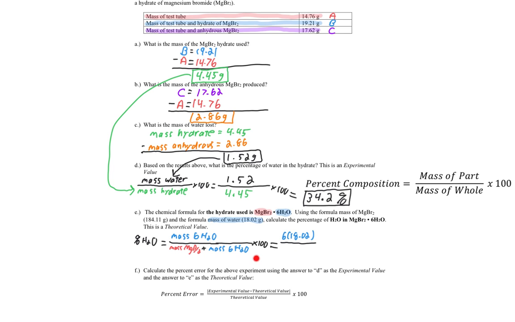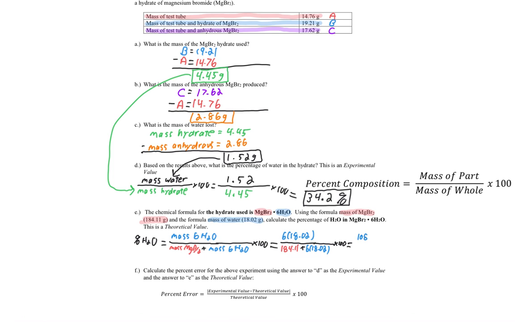On the bottom of my fraction, my mass of MgBr2 is given to me in the question, 184.11, plus, don't forget that addition, plus I have to add the mass of 6 waters, because there are 6 waters that we are starting out with. So that's plus 6 times 18.02. Again, I'm going to multiply by 100 at the end to get my percent.